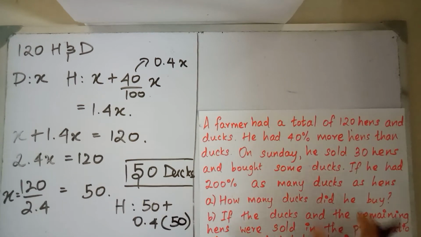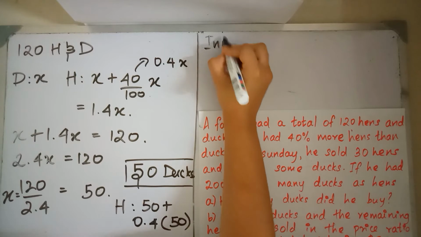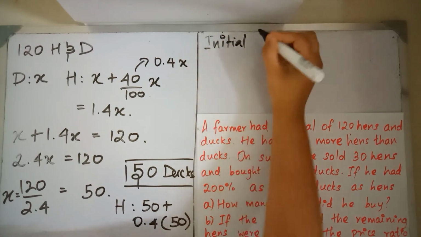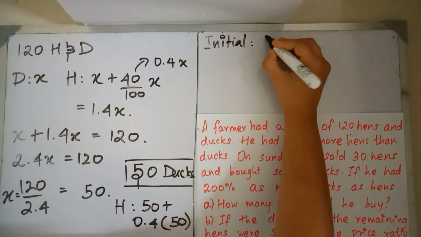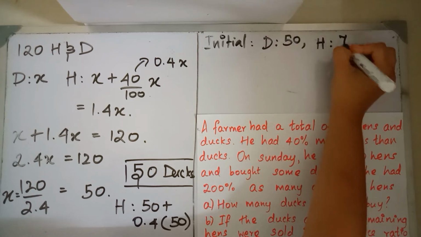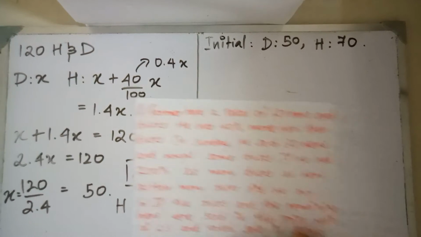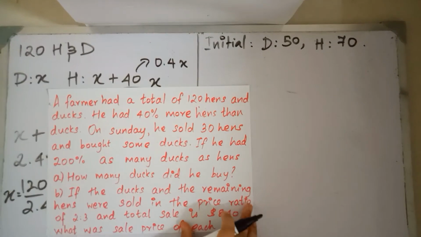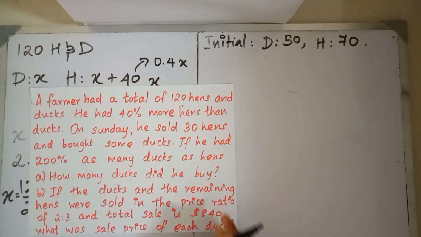This will give 70. So the initial value of ducks and hens will be 50 and 70. Now what happens is, on Sunday he sells 30 hens and buys some ducks.